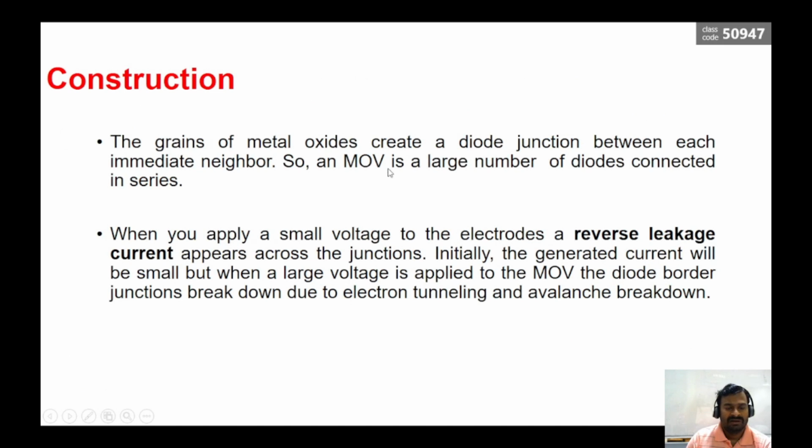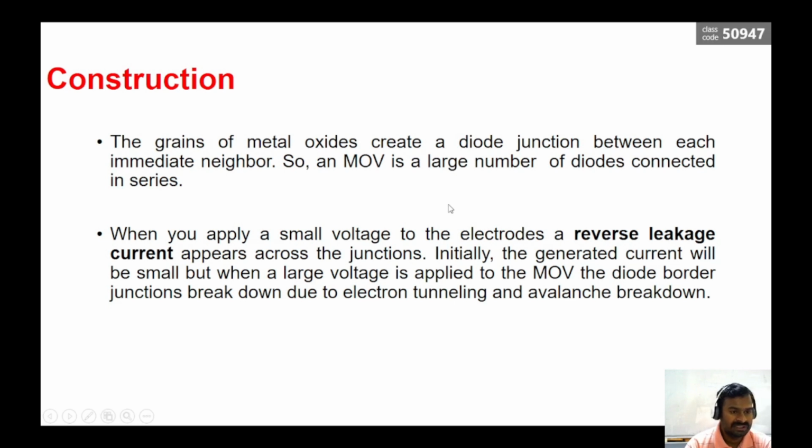The grains of metal oxide create a diode junction between each immediate neighbor. So an MOV is a large number of diodes connected in series. When the metal oxide is tightly packed, it behaves like a diode junction, and when we connect many diodes together, it acts as a series connection of diodes.